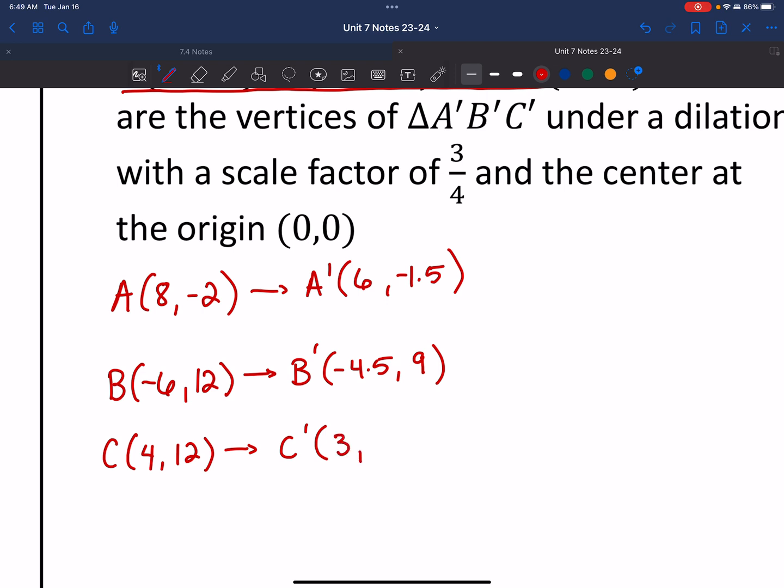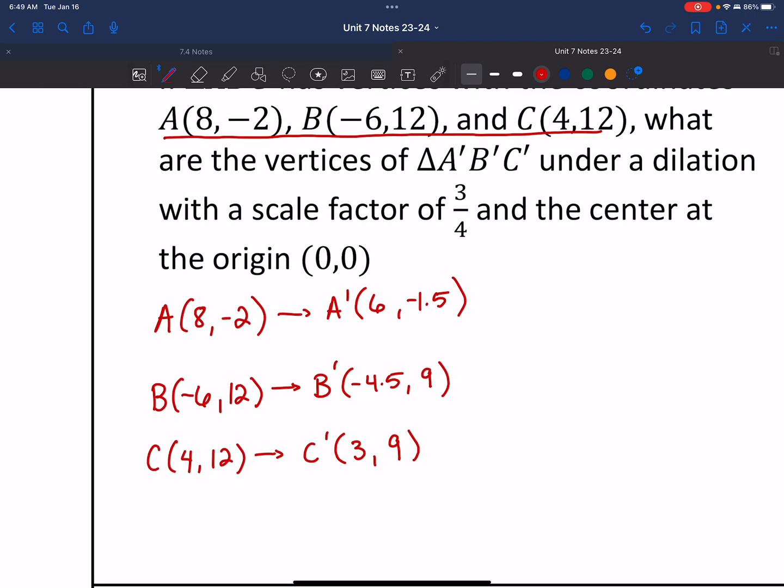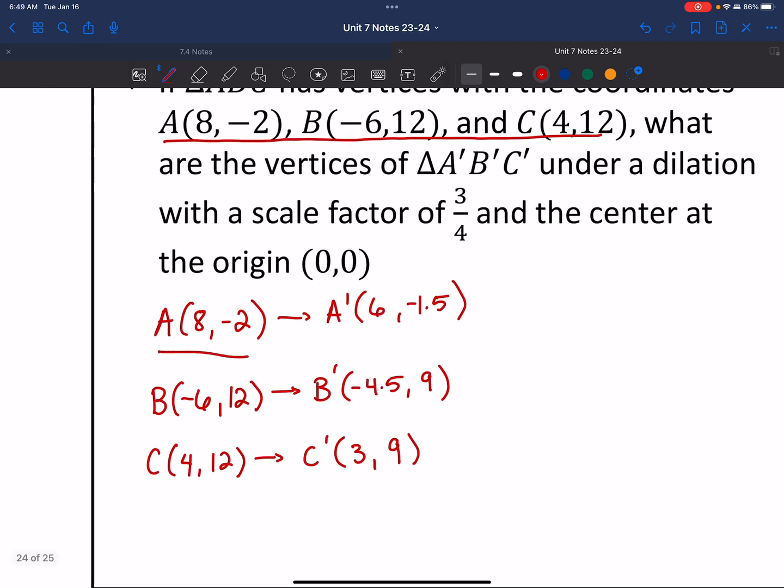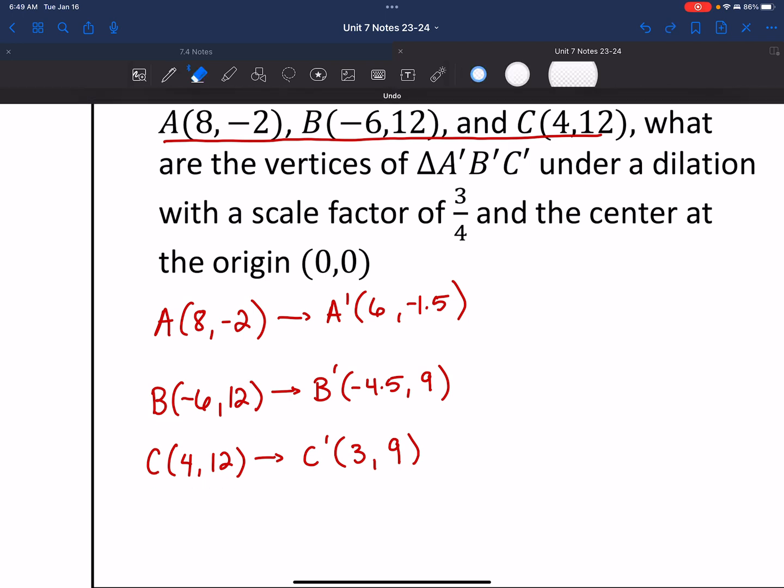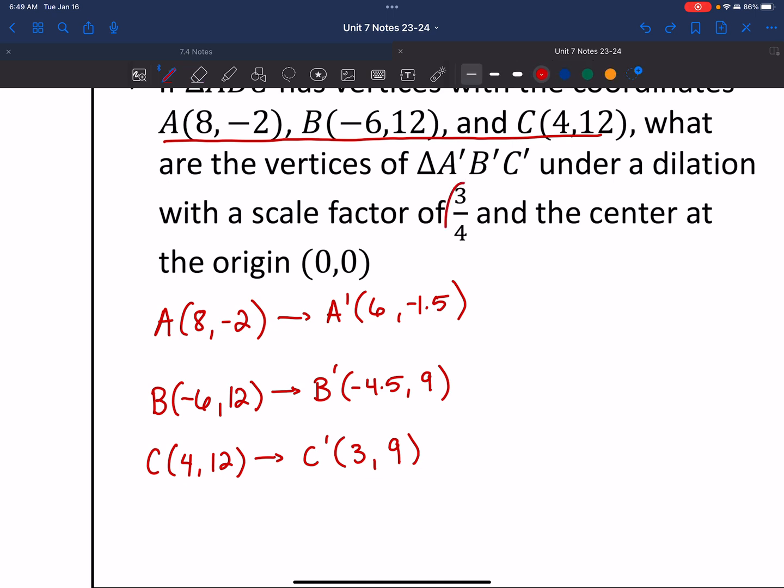And 12 again times 3/4 gives me 9. So I'm just taking all of my original points, A, B, and C, and multiplying them by 3/4 to give me A prime, B prime, C prime. So these are going to be my final answer.